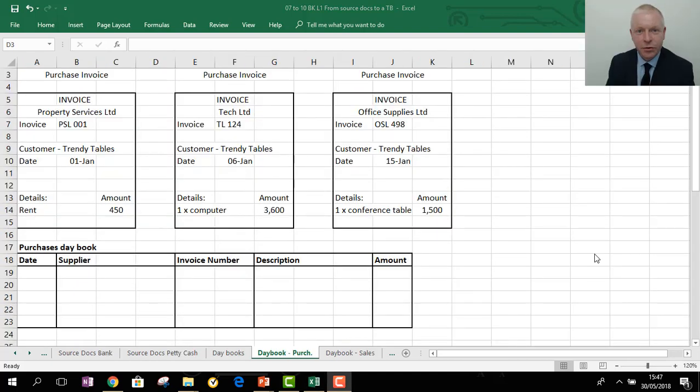So now we have our 3 purchase invoices that we looked at previously, and all we need to do is take the relevant information and post it to the relevant day book.